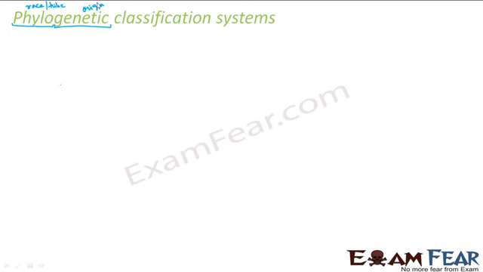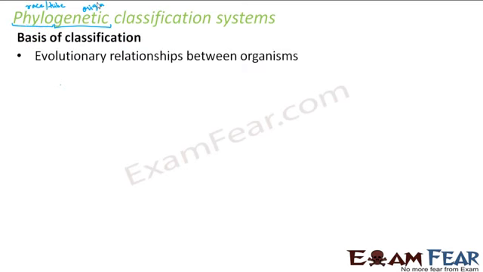When I say evolutionary history, I mean the origin of different organisms, and that actually helps us to classify different organisms. So the basis of classification here is the evolutionary relationship between organisms. We have already studied evolution in class 10th, right?